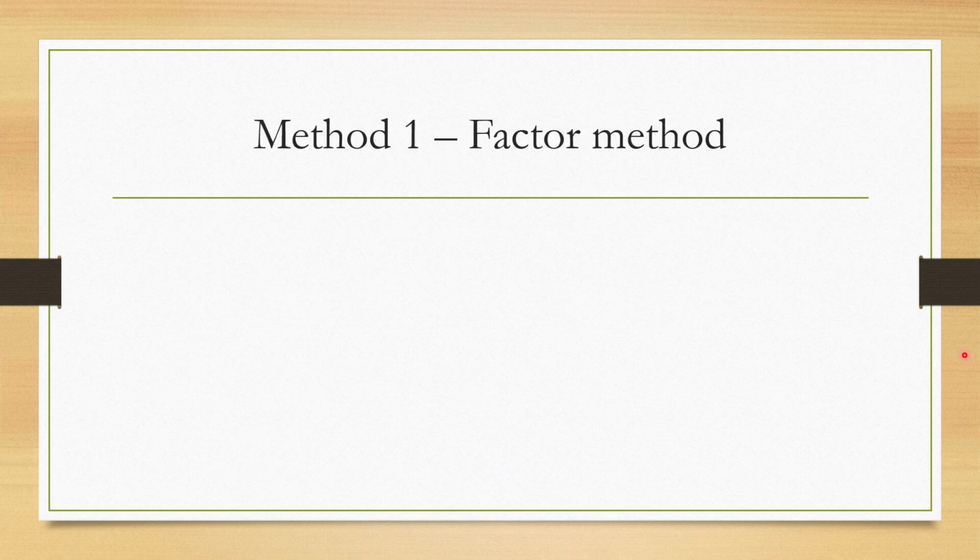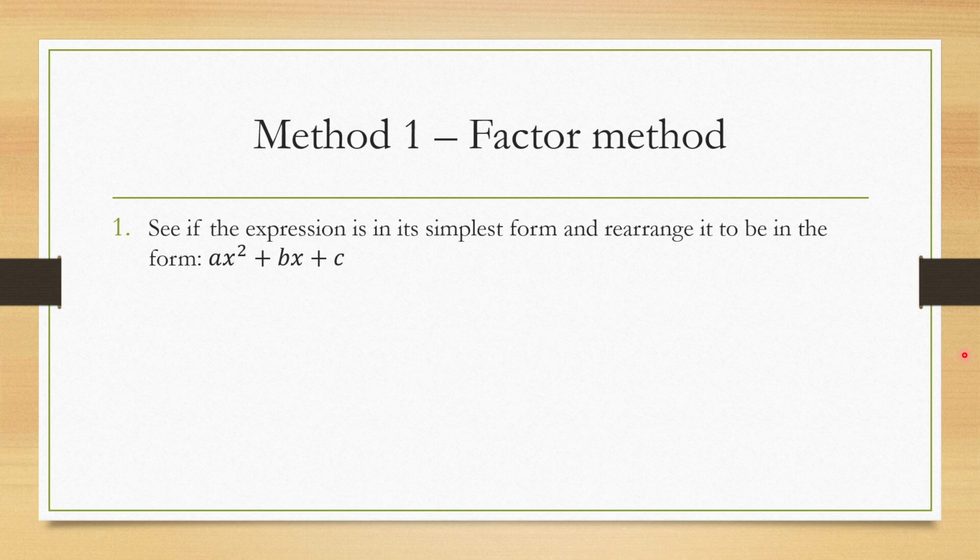So we're going to look at the factor method. The first step of the factor method is to see if the expression is in its simplest form and rearrange it to be in the form of ax squared plus bx plus c, where x can be any letter.